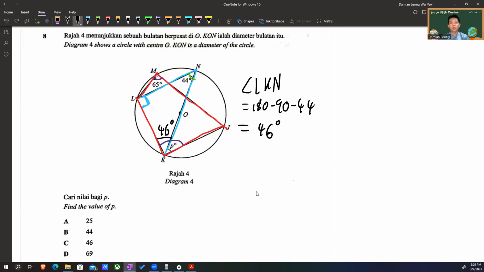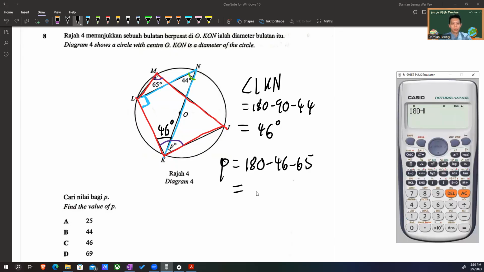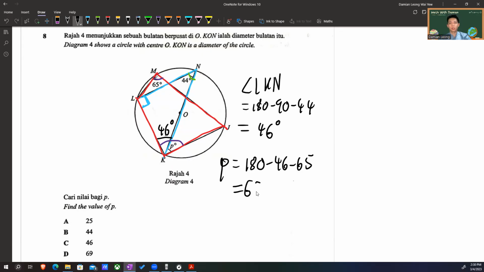Means 65, 46, and P add up to 180. To get P, I take 180 minus 46 minus 65. I calculate 180 minus 46 minus 65, I get 69 degrees. So the answer of P is 69. Answer D.